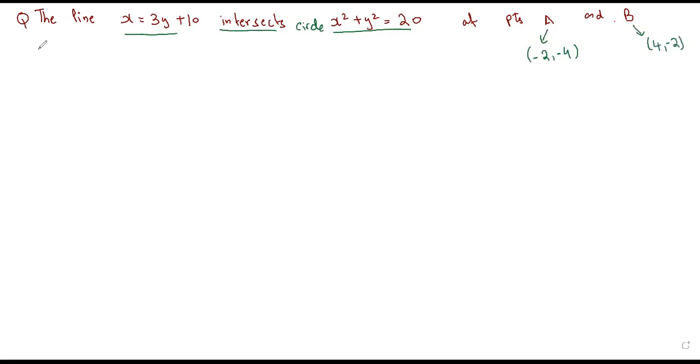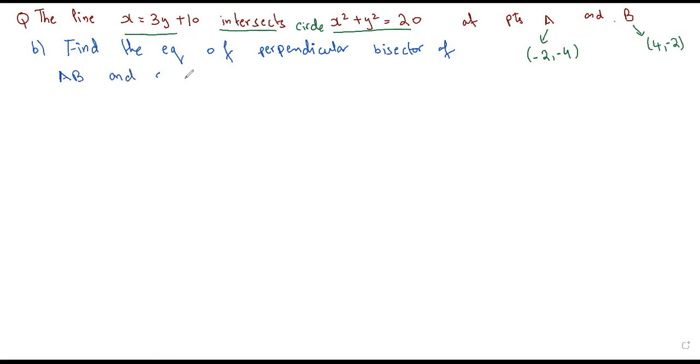Okay, let's talk about the second part. In the second part, you need to find the equation of the perpendicular bisector of AB and show that it passes through the center.